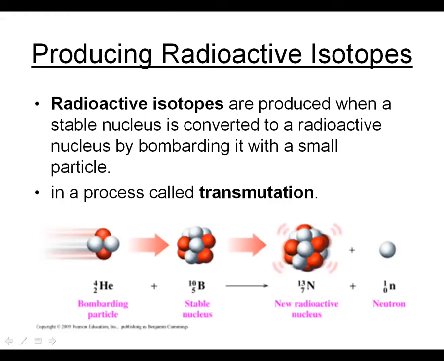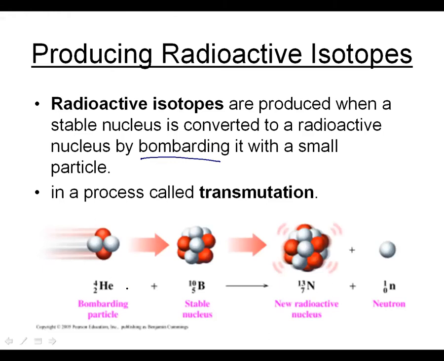Now, there is a way to produce radioactive isotopes, and one way that we can produce radioactive isotopes from a stable isotope or a stable nucleus is by converting it into an unstable nucleus. And by doing this, we bombard it, and that's that other keyword I was talking about earlier. So when you bombard something, that's basically like shooting a particle at it.